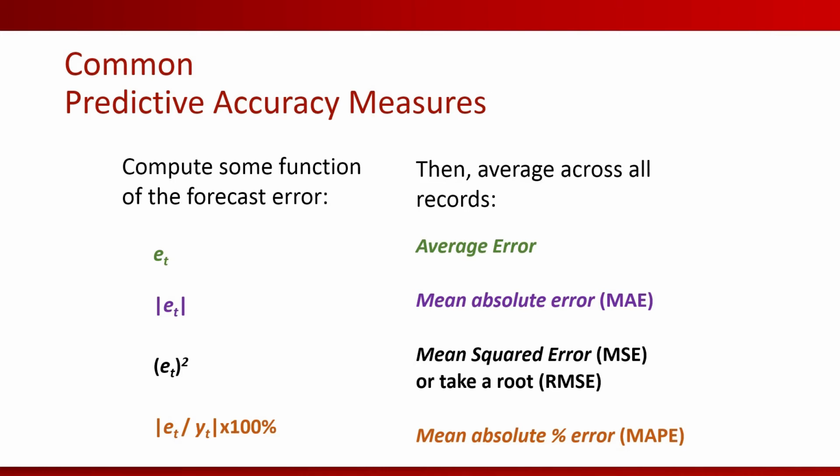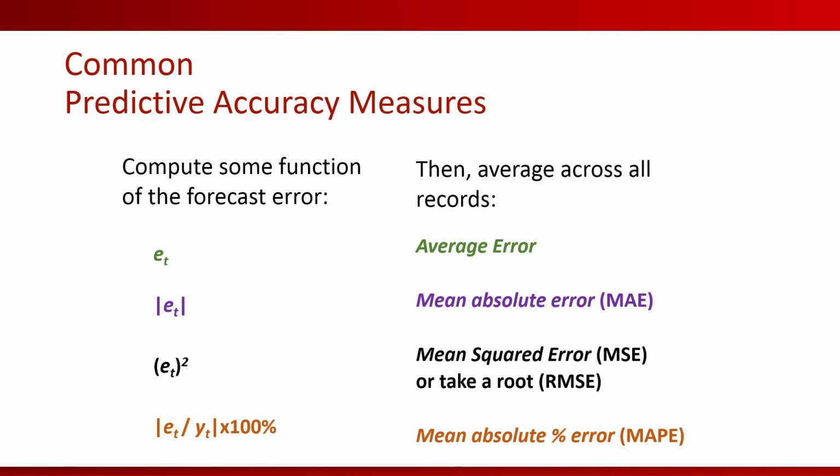Another type of metric that we use is based not on the absolute error, but on the squared error. The squared error will not only remove the sign, so again, like the absolute value, we don't care about under or over forecasting, but the square also penalizes big errors. If you have a very big error, it gets huge.